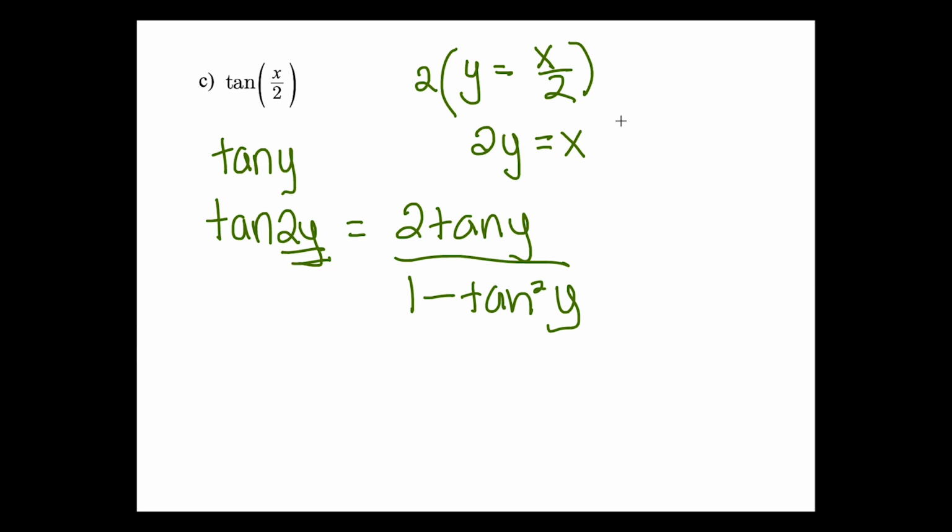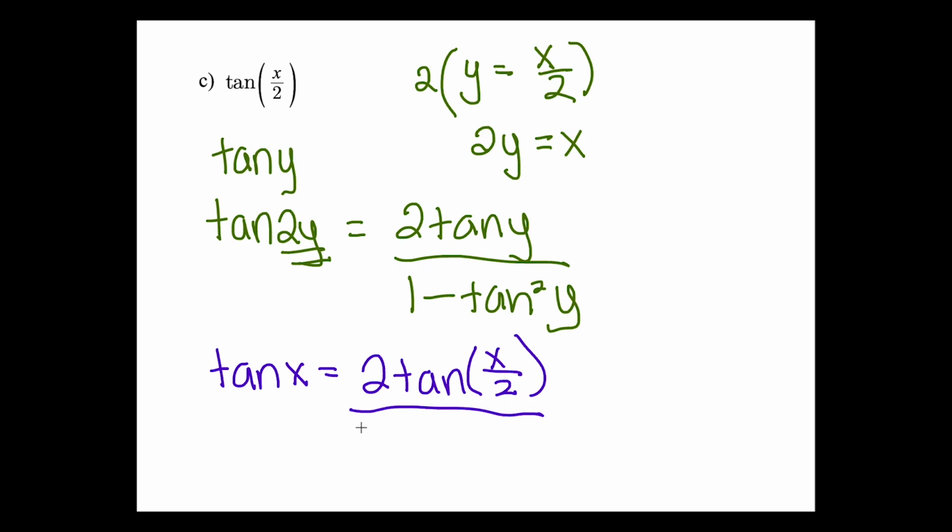Now I've replaced the x's back into my problem. 2y is equal to x, so the tangent of x is equal to 2 times the tangent of x over 2 divided by 1 minus the tangent of x over 2 squared.